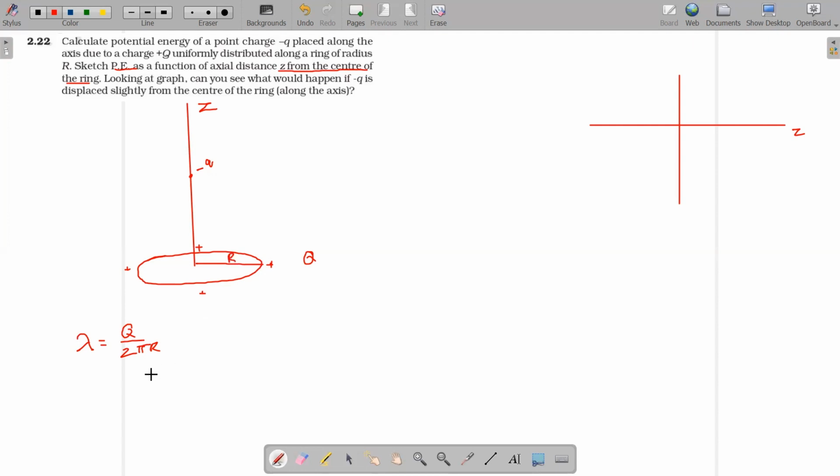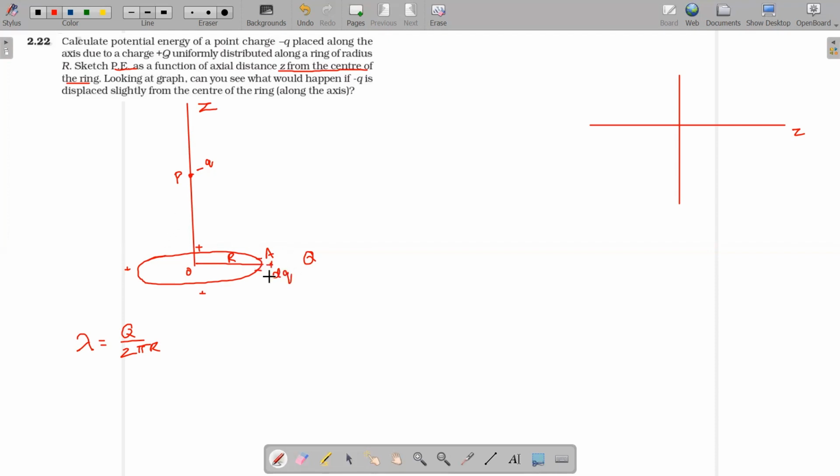Then we assume this is the Z-axis, and this is the point P, and the middle point is taken as O, and this end we assume as A. First, we will find the potential at the point due to plus Q. Potential at a point due to a small portion, dq, a small charge present in the small portion.